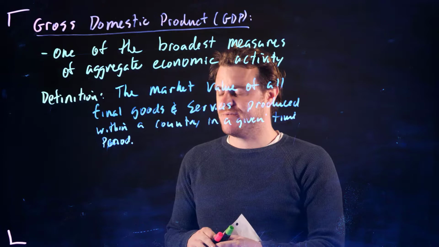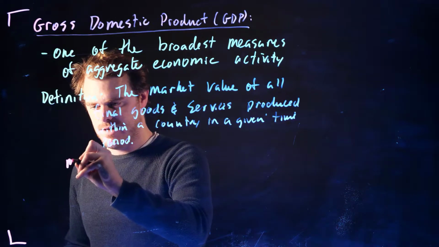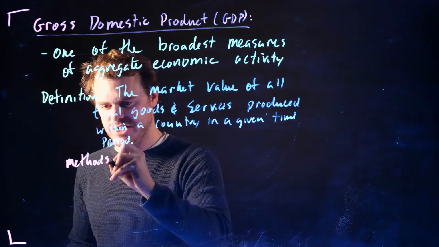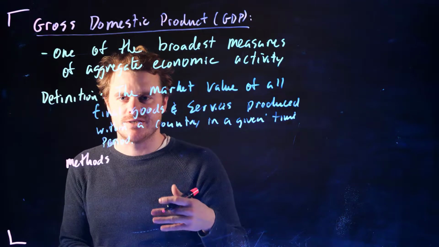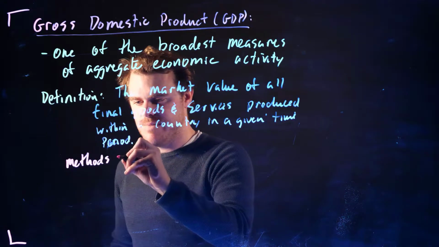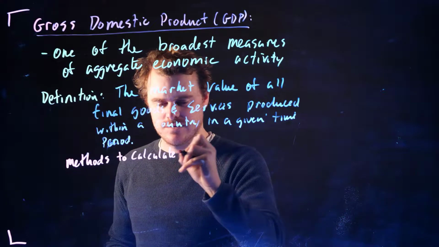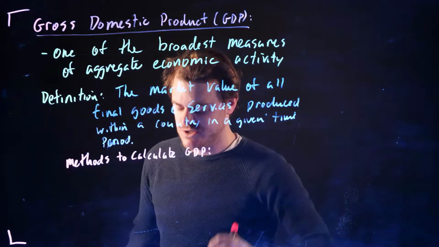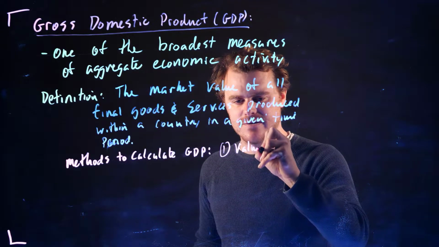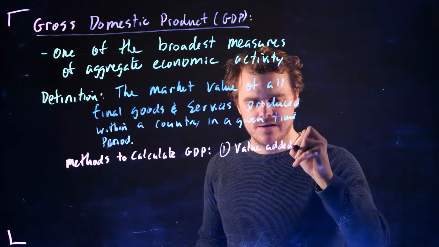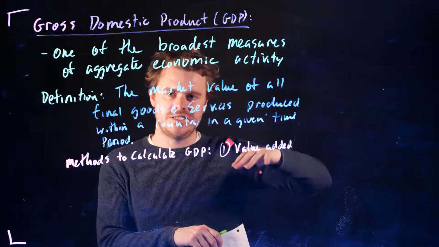But in general, there are three different ways of calculating GDP, and they should all give us the same number. They're just different approaches to calculating it. Methods to calculate GDP. The first one is going to be the value added. With this method, you're looking at each stage of production.